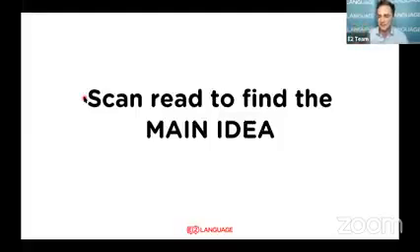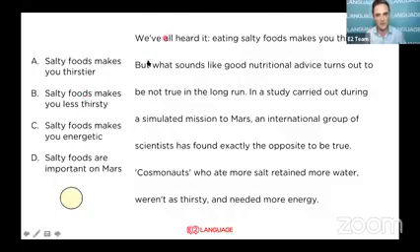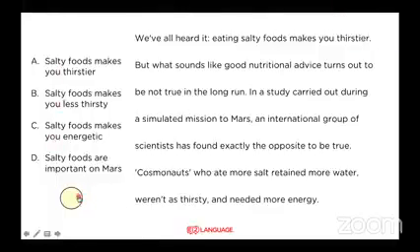Run your eyes across it, read it very quickly, and pick out what is the central idea. So imagine if you took this paragraph and you put it into a saucepan and you turned on the hot plate, and you boiled this paragraph down. And what's left would be the main idea. So let's think about this while looking at this one here. I want you to read this paragraph and decide A, B, C, or D, which is the main idea.